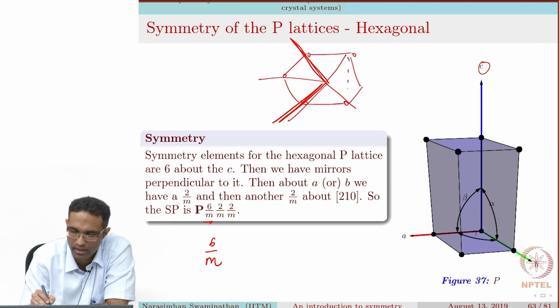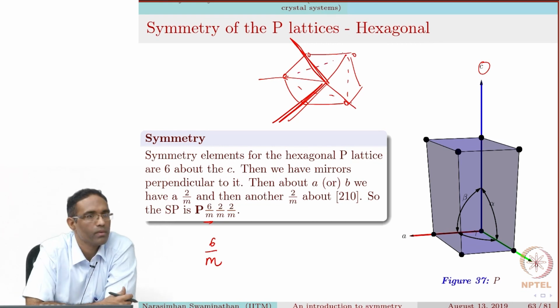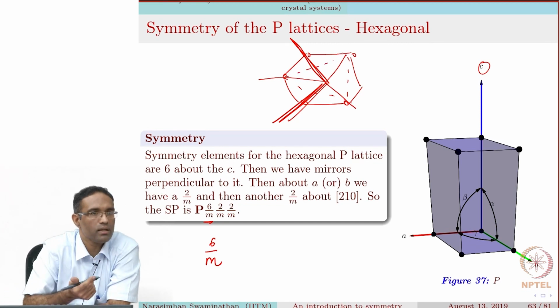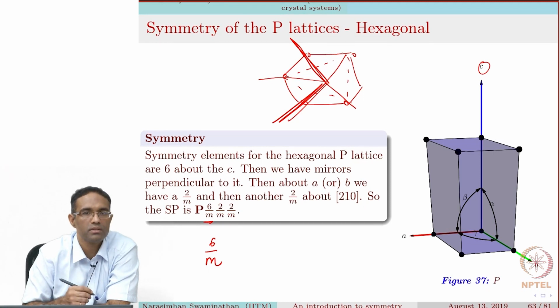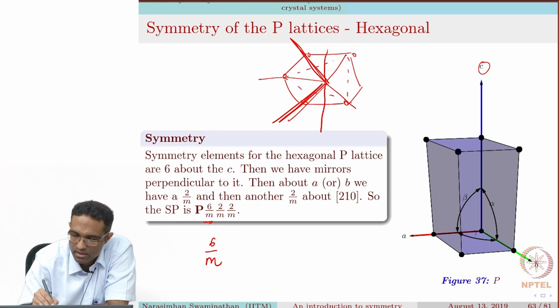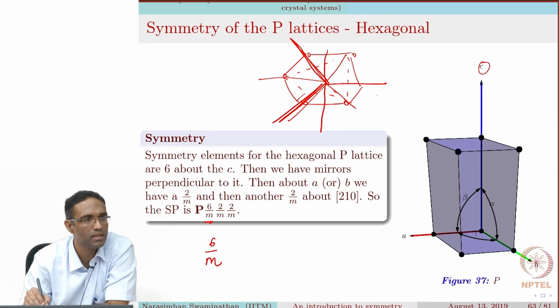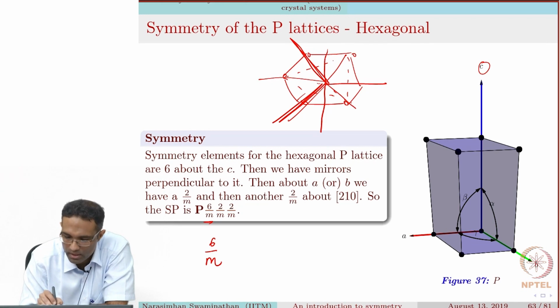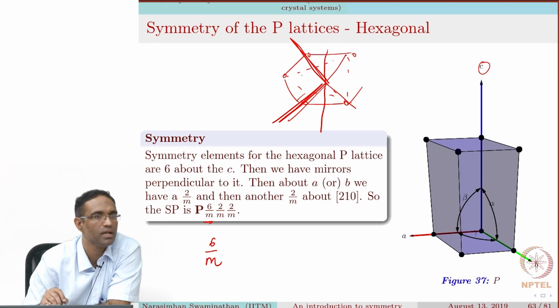So basically these were the mirrors. In addition to that, we had mirrors which had the bisectors of these axes as the normals. So these were the mirrors themselves.